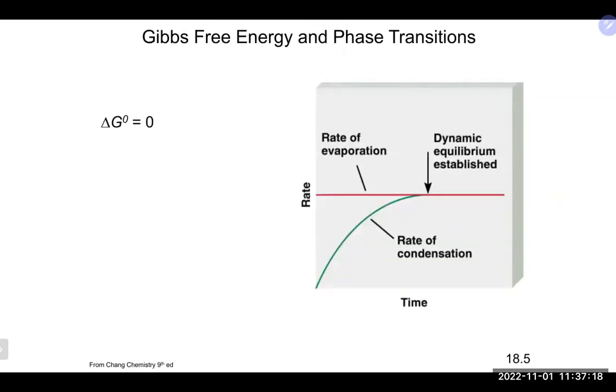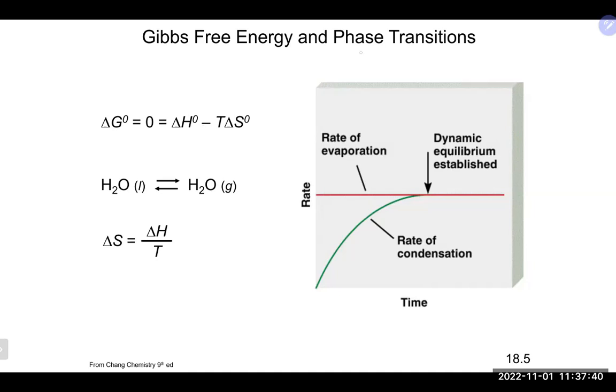So we talked a little bit about phase changes earlier on, and a reminder that when a phase change happens, as something goes from, say, solid to liquid, liquid to gas, it does occur at the same temperature. And the two phases are in equilibrium with each other at that temperature.